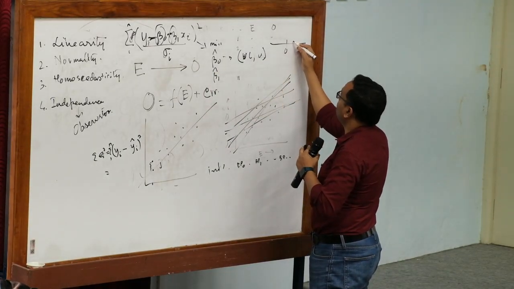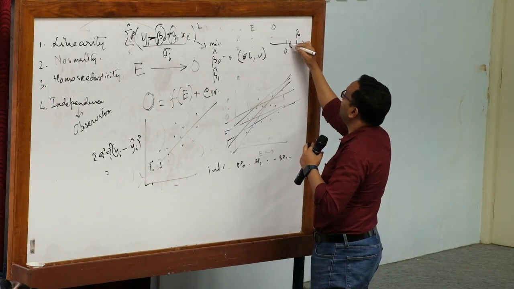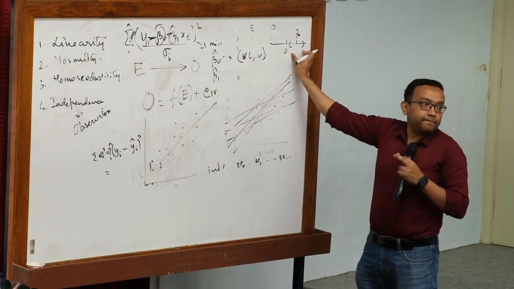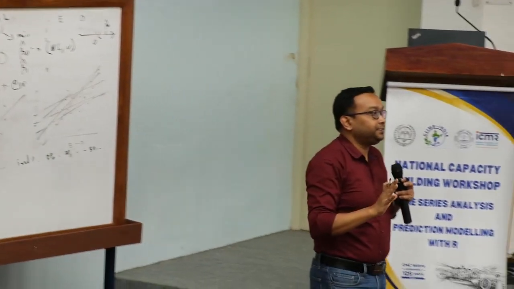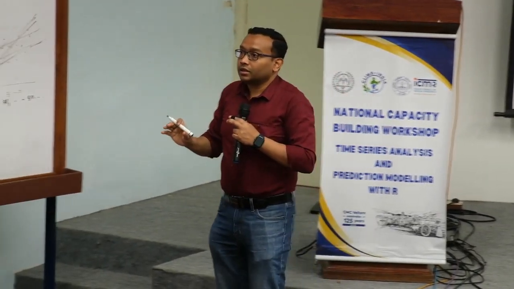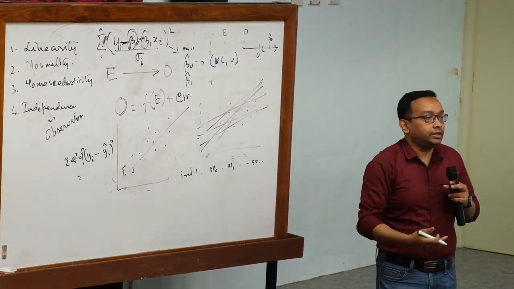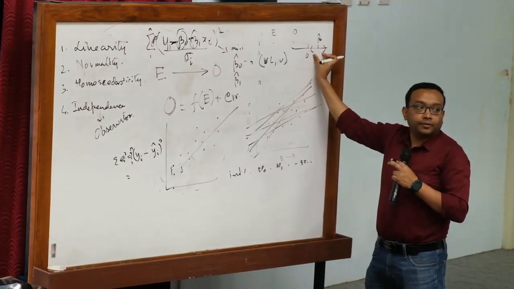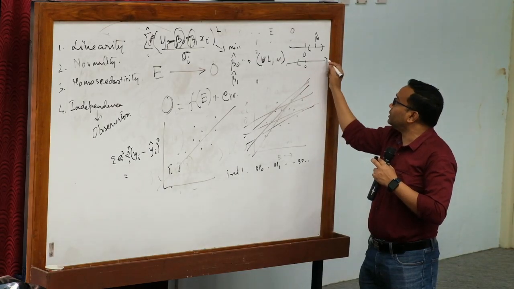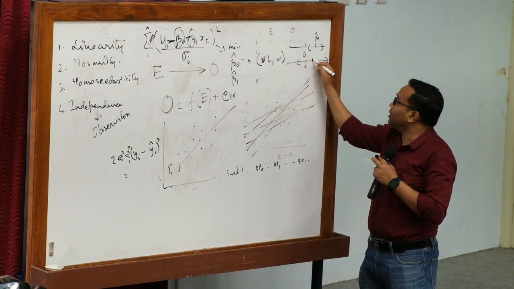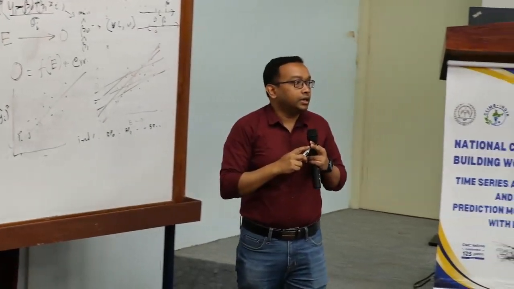If this was 0, and your confidence intervals are here and your beta naught hat is here, that's a statistically significant result. So when you are assuming independence when the data is not independent, you will get this. When in the actual situation, it probably should have been this. So your beta naught hat would have been here and your confidence interval would have been wider.